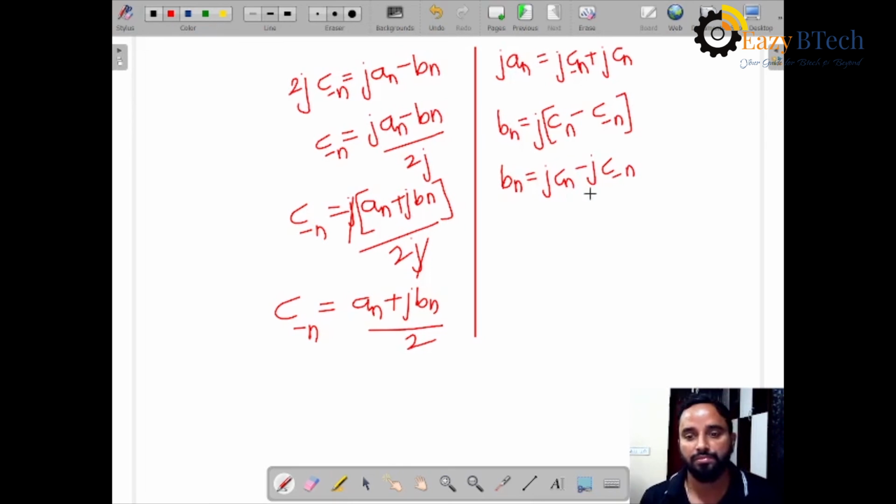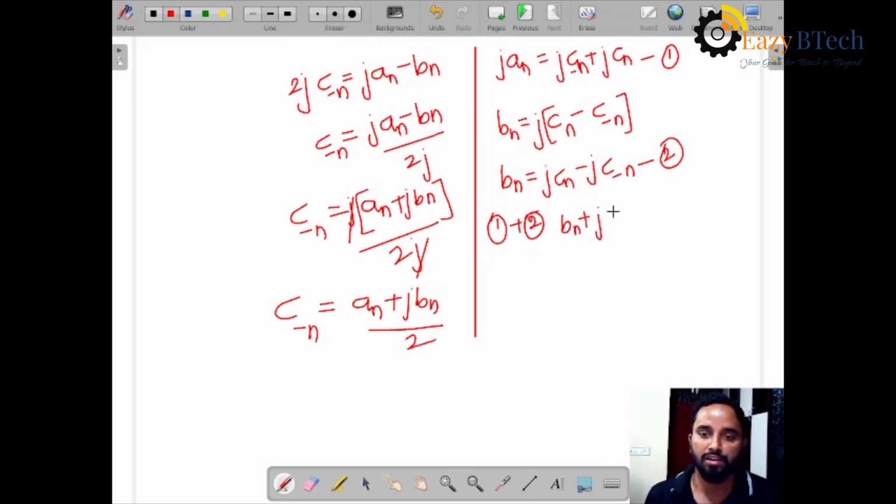Now we want Cn formula. So we need to add this. You take this as 1. This you take as 2. 1 plus 2 you do. You get the Cn formula simply. So what is 1 plus 2? Bn plus Jan is equal to minus JC minus n plus JC minus n cancel, you get 2JCn.